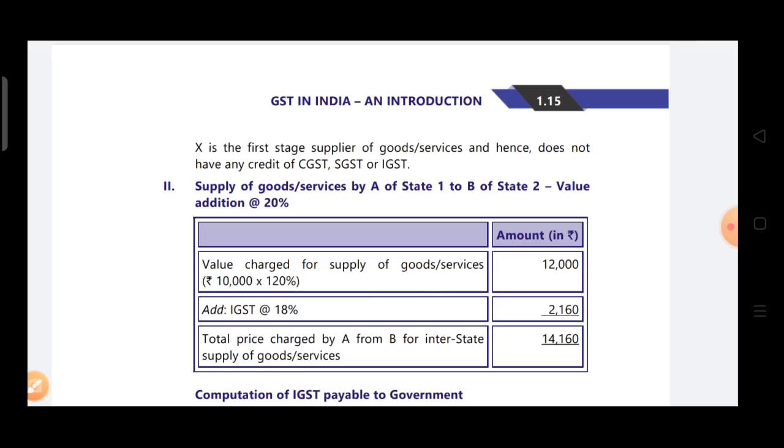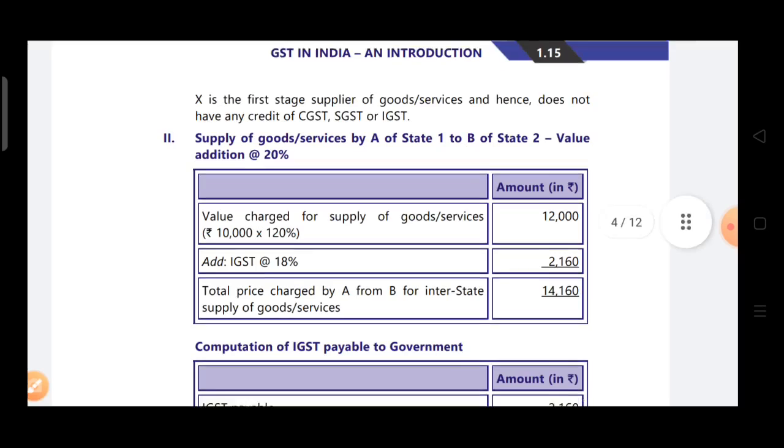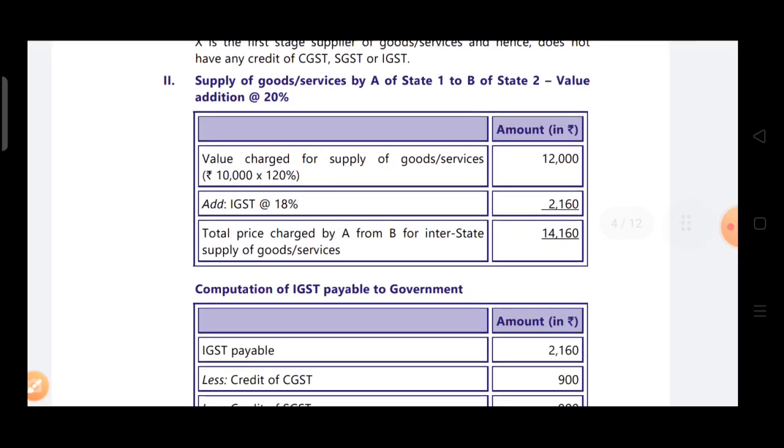So earlier the value was 10,000, so we have to make a 20% addition in that value, that comes to 12,000. And IGST is 18%, so 12,000 into 18% comes to 2160. So total price charged by A from B, in this case B is the recipient, is 14,160. Okay, 14,160 is inclusive of taxes.